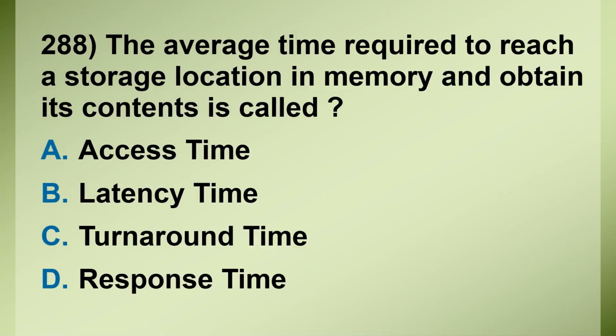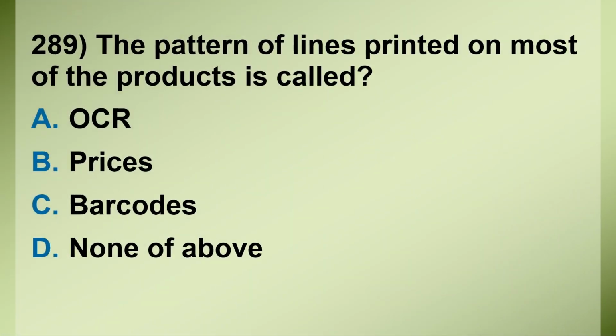The average time required to reach a storage location in memory and obtain its contents is called access time. The pattern of lines printed on most of the products is called barcodes.